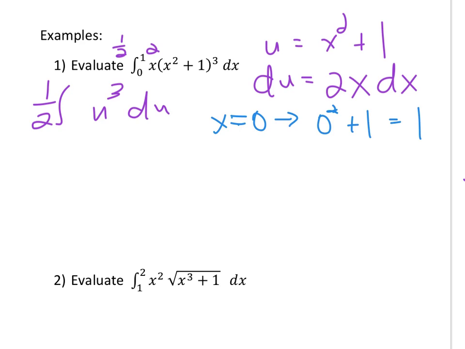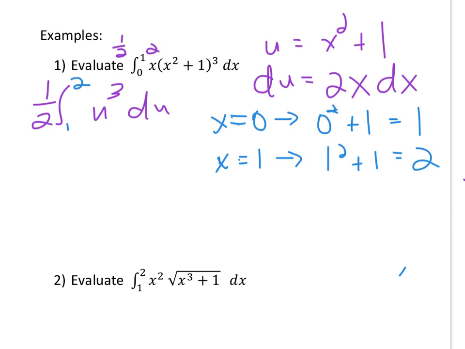So my lower limit of integration is now going to be a 1 instead of a 0. If x is equal to 1 for our upper limit of integration, that's going to lead us to a 1 squared plus 1, which is actually going to equal 2, and so that's going to give me my new limit of integration up here as a 2.